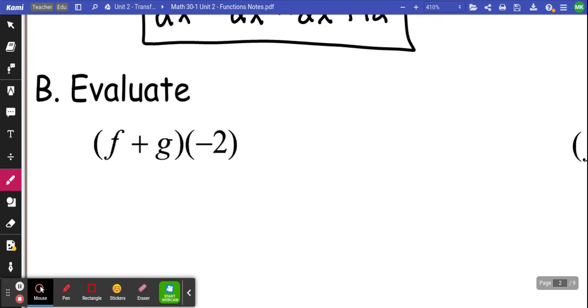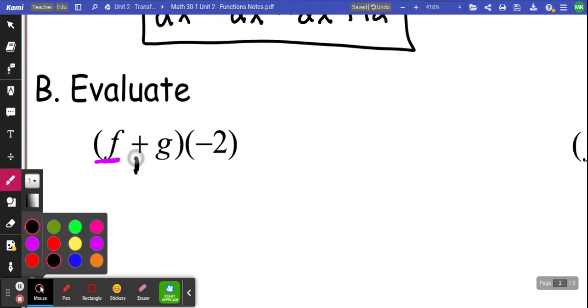Okay, let's look at what this means. Okay, so this says f of x plus g of x, right? When we see this, f plus g. Agreed? Normally there'd be an x there, but there's not. What they put was a negative 2.